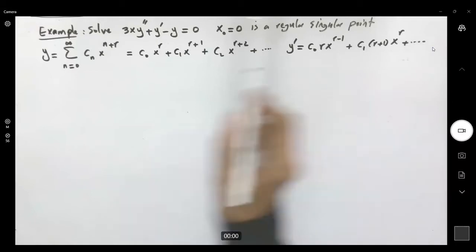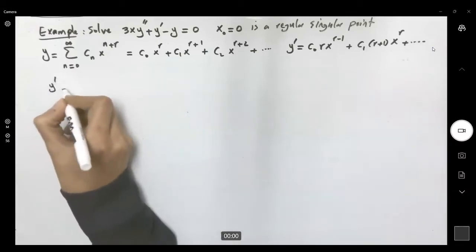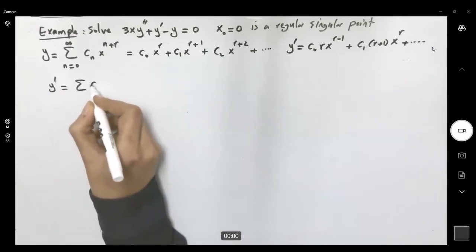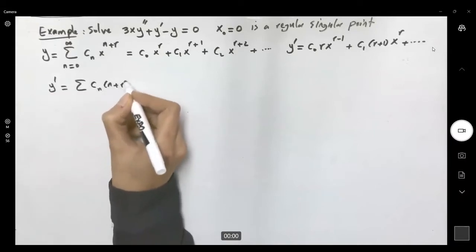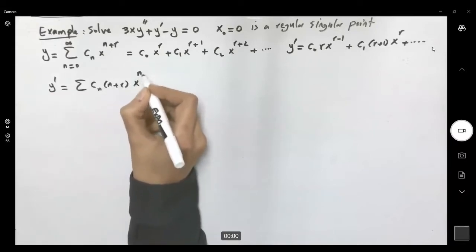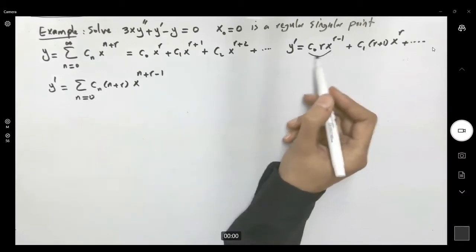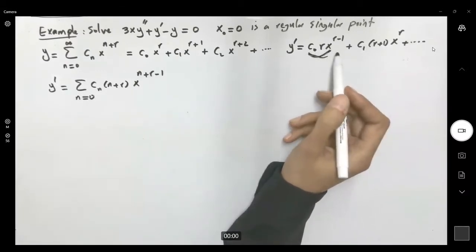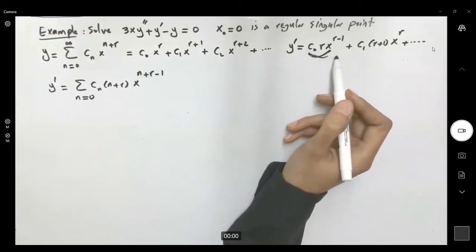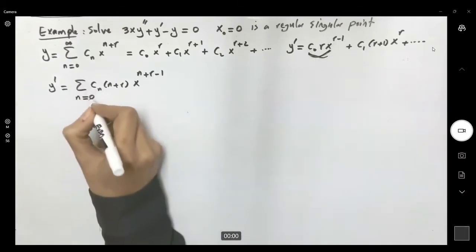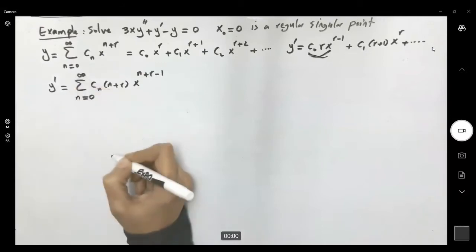So y prime becomes the sum Cn (n plus r) x to n plus r minus 1, and still starting at 0, we still have the first term, which is c0 r x to r minus 1. That's why we start at 0 to infinity.